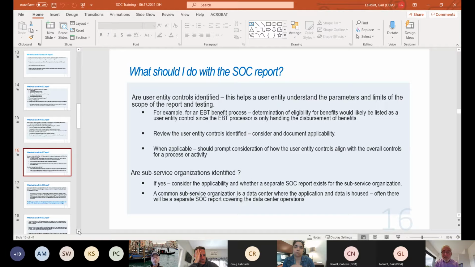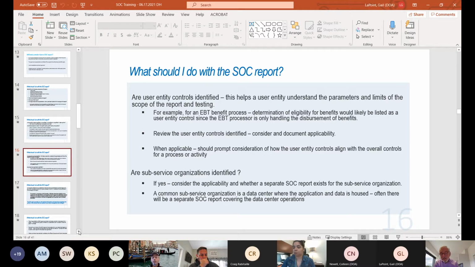They're just saying Mary Smith is going to get $540 posted to her EBT card, and that's all they're responsible for. So we'd be looking to see some consideration of the user entity controls that are identified, and we're going to go through an example of that too.